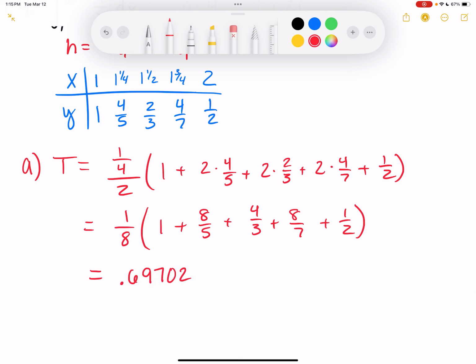So with this one, the concavity test would not be my choice for finding out if this is an overestimate or an underestimate. I would wait and see what the real value is, because the concavity test is going to be harder for this one. What kind of a derivative am I going to be dealing with? A quotient rule, right?